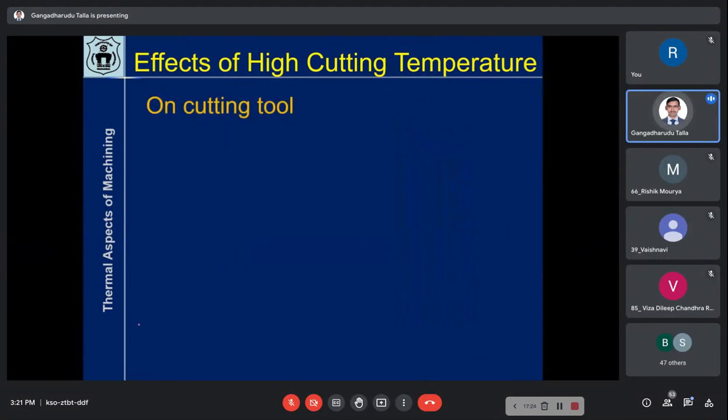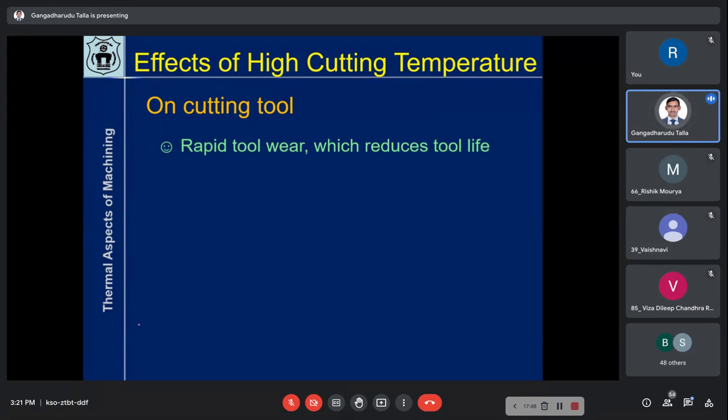Now, the effect of these cutting temperatures on the cutting tool. If the temperature is increasing, what will happen to the cutting tool? Rapid tool wear, which reduces tool life. So tool wear will be very rapid.